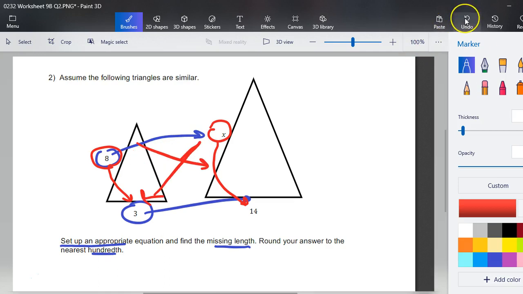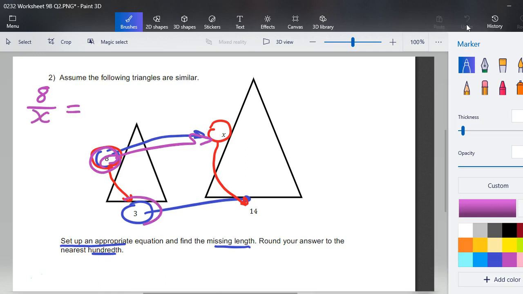So staying with the pattern, I'll go ahead and stay with what I did a while ago. I'm going to stay with the blue parts, and I'm going to say 8, the left side to the left side, is the same as the bottom to the bottom.